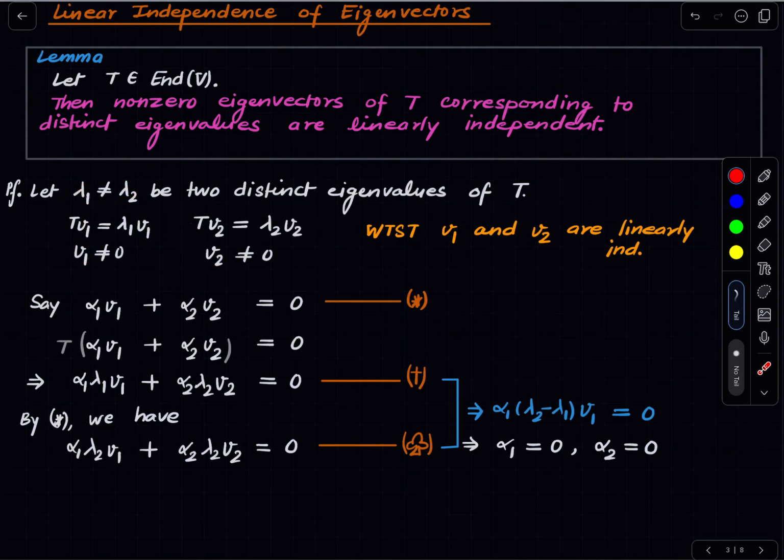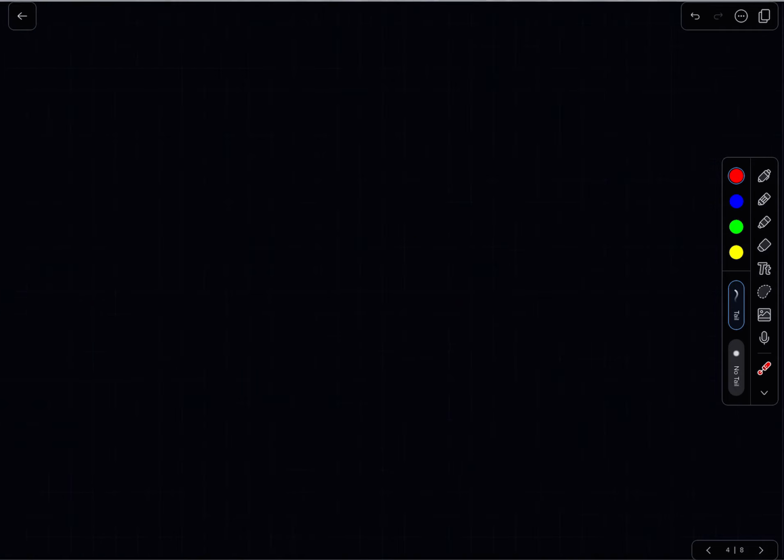Let us repeat the proof for the case of three distinct eigenvalues. It will be a very, very similar proof. So here let lambda 1, lambda 2 and lambda 3 be pairwise distinct eigenvalues.